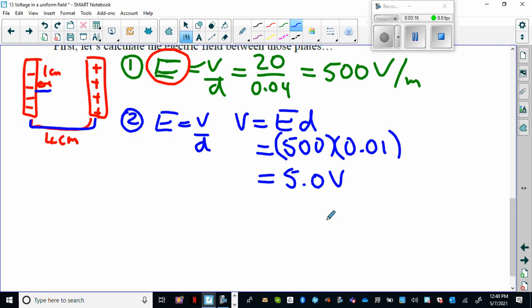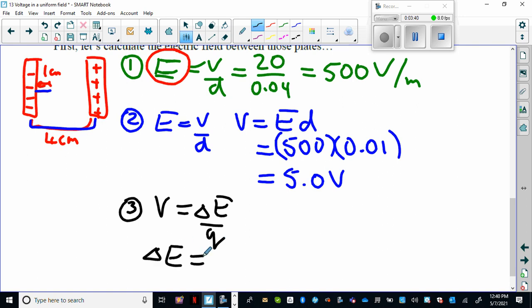And now that we've done that, the rest of the question becomes very much like the previous question. In step 3, we're going to use the voltage formula. The voltage equals the change in energy divided by the charge, and we're going to calculate the change in energy as it goes through 1 centimeter of potential difference.